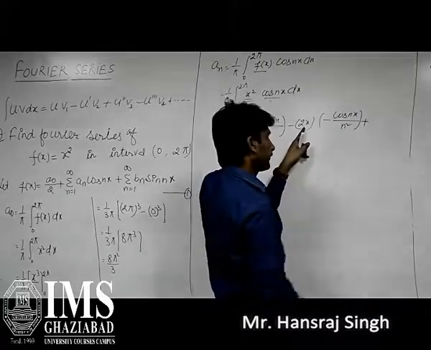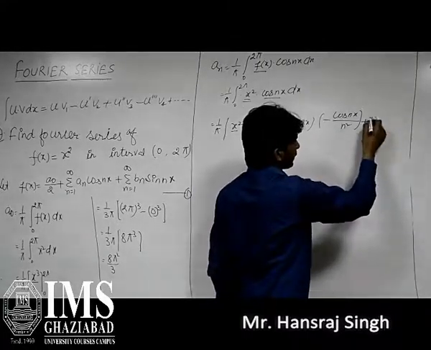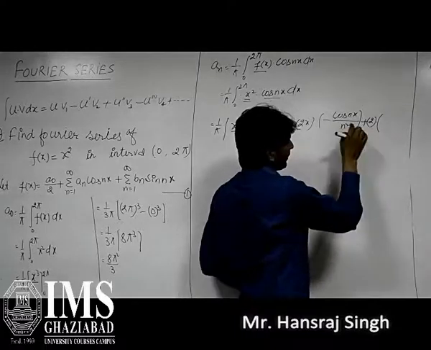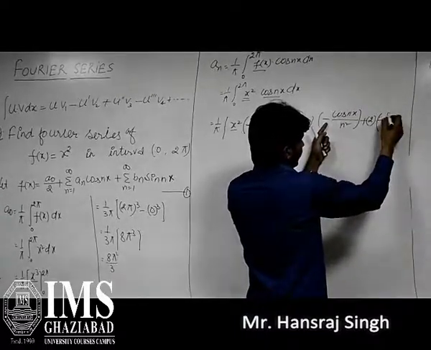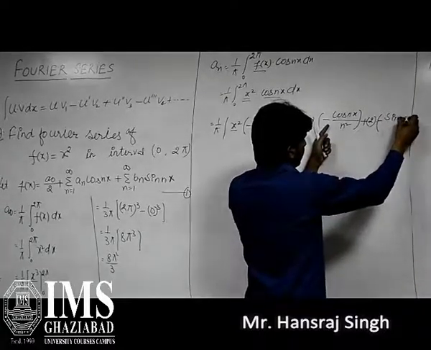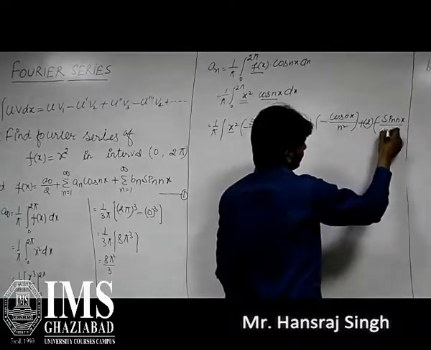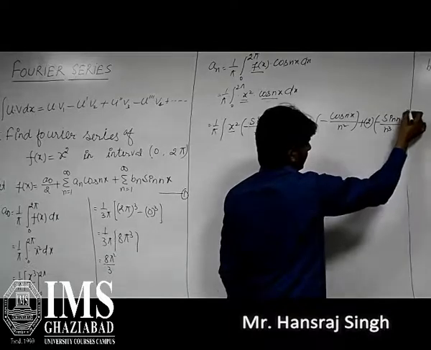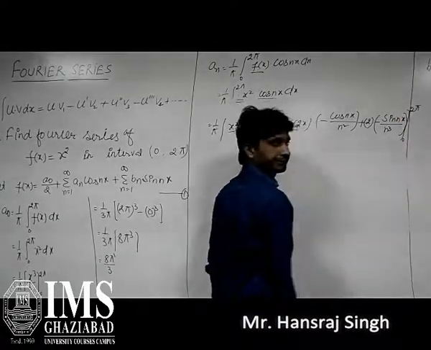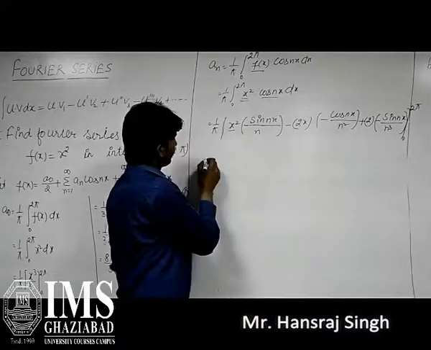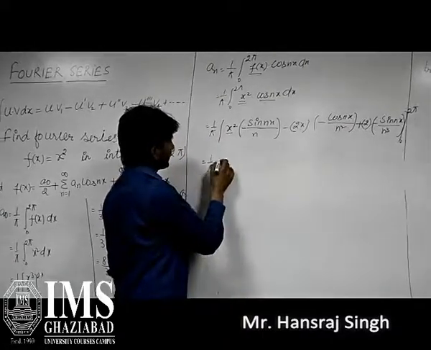So the differentiation of 2x is simply 2, and integrate again the second term, so this is minus as it is, and the integration of cos nx is sin nx/n³, and the entire limit is 0 to 2π.